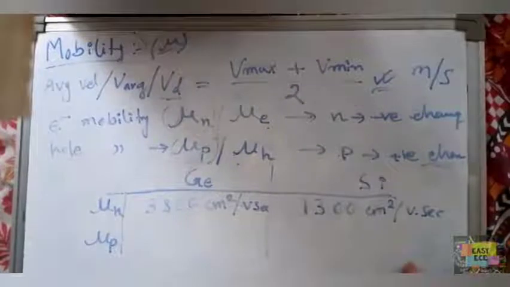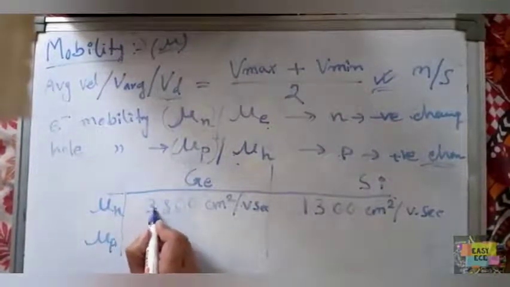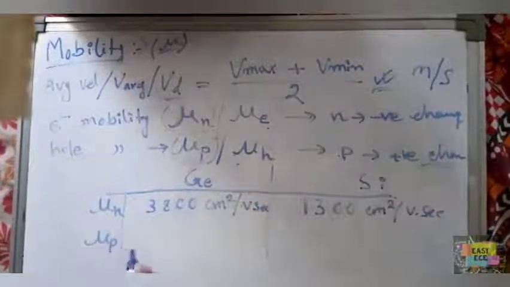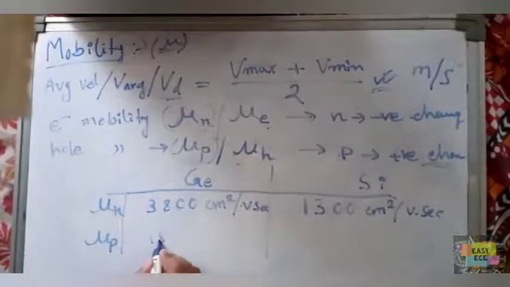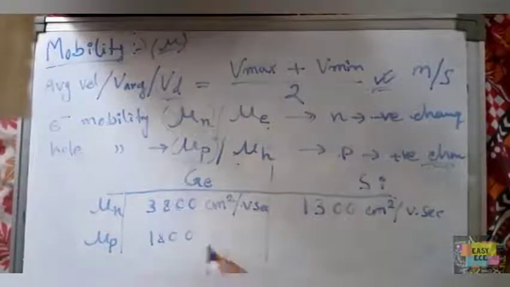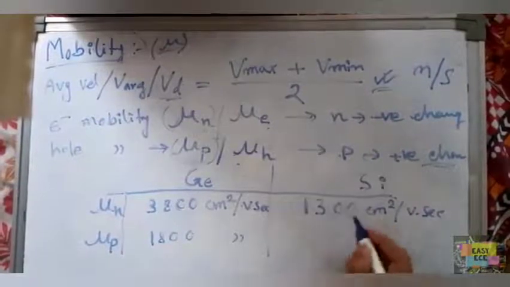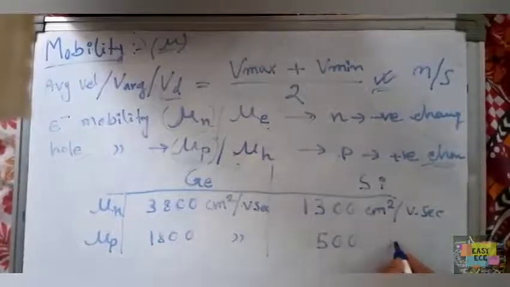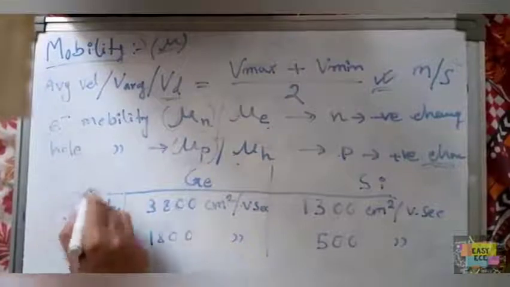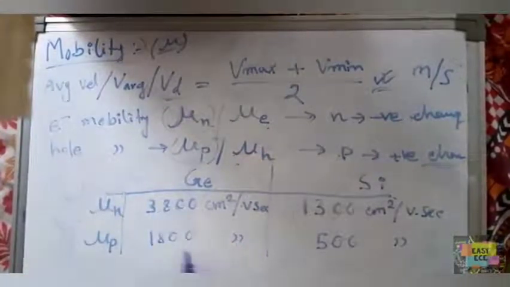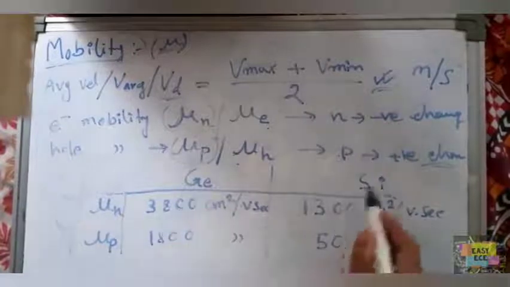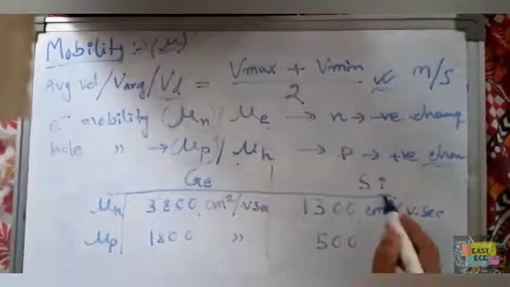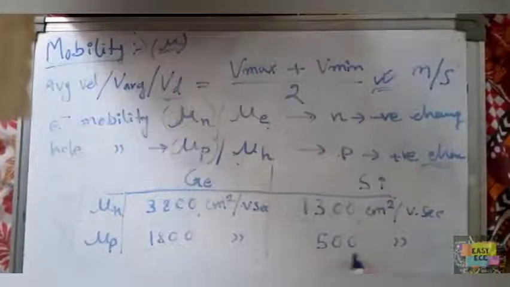For hole mobility, the unit is the same but the value changes: for germanium it is 1800, and for silicon it is 500.